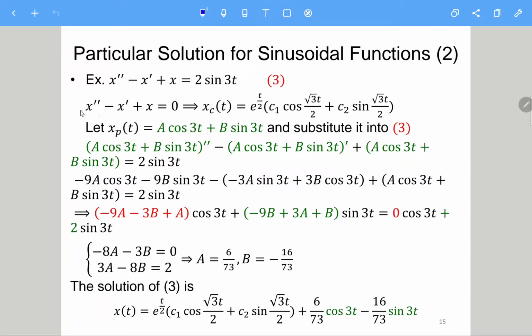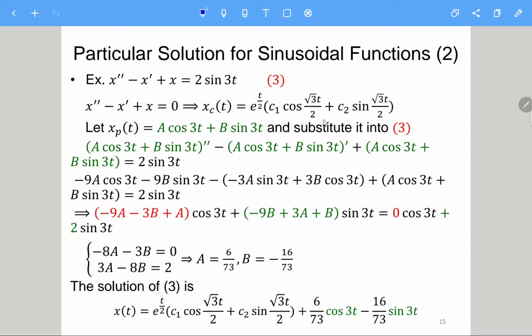First is to solve for the homogeneous solution. For this one, we have s squared minus s plus 1 equals 0. So it is actually a complex solution. So xc is exponential t over 2 times c1 cosine square root of 3t over 2.